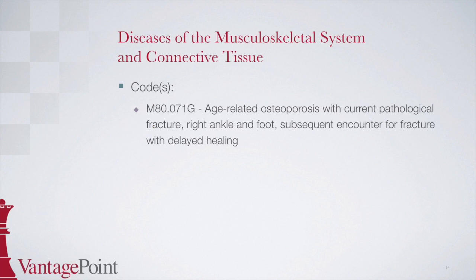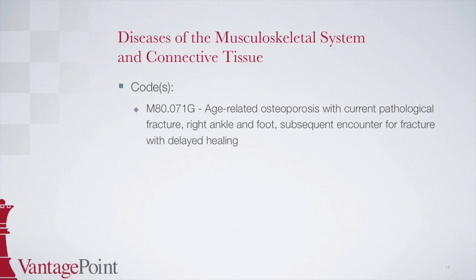The answer is M80.071G, age-related osteoporosis with current pathological fracture, right ankle and foot, subsequent encounter for fracture with delayed healing. To locate this code, start at osteoporosis in the alphabetic index, and then the phrase with current pathological fracture is indented below, which points to M80.00 with a checkbox next to it indicating that more digits are required.